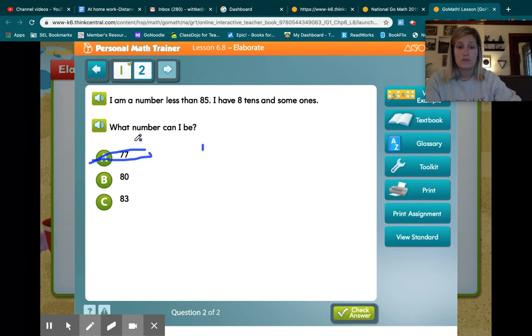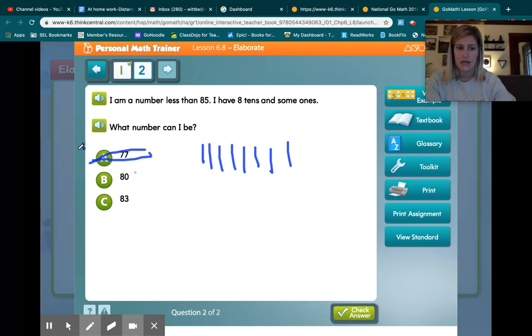So 80 would be 10, 20, 30, 40, 50, 60, 70, 80. Does that have 8 tens? Yes. Does it have some ones? No. So it can't be 80.